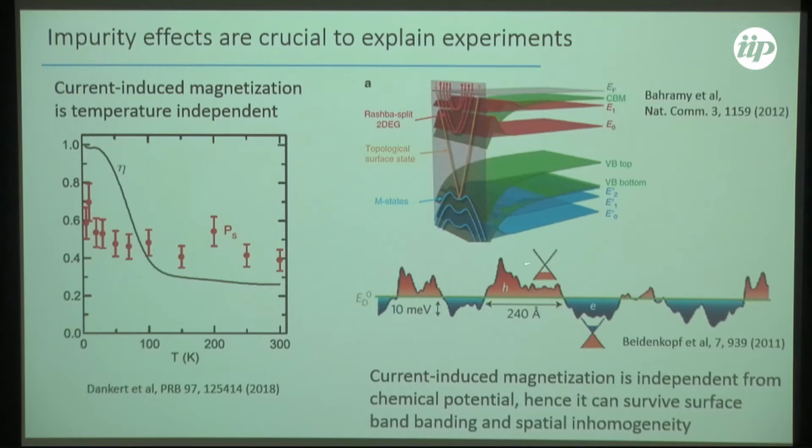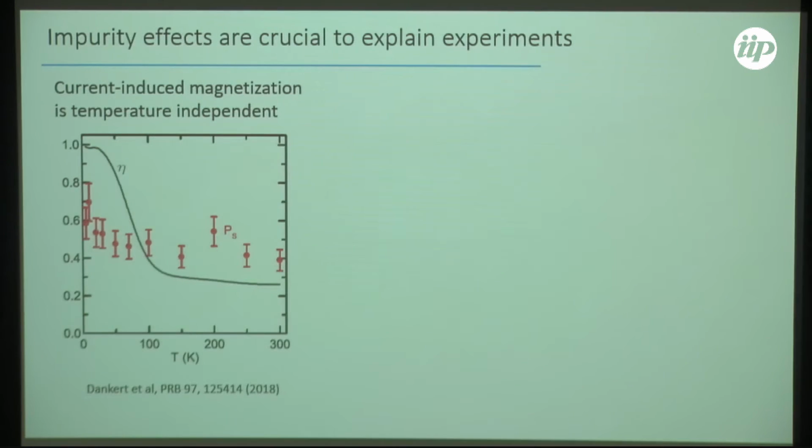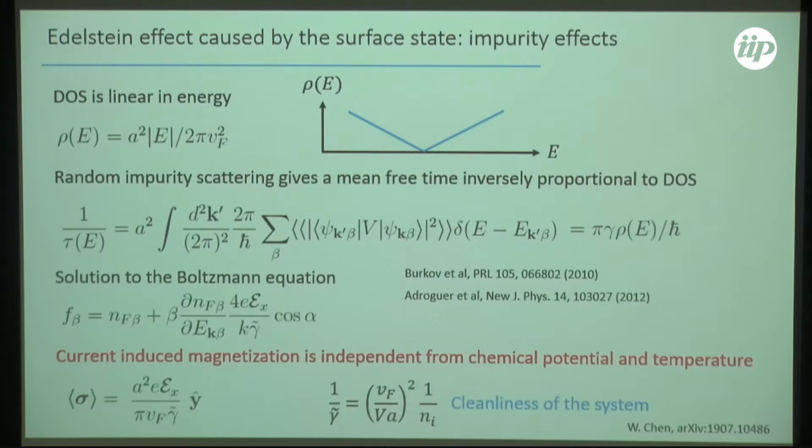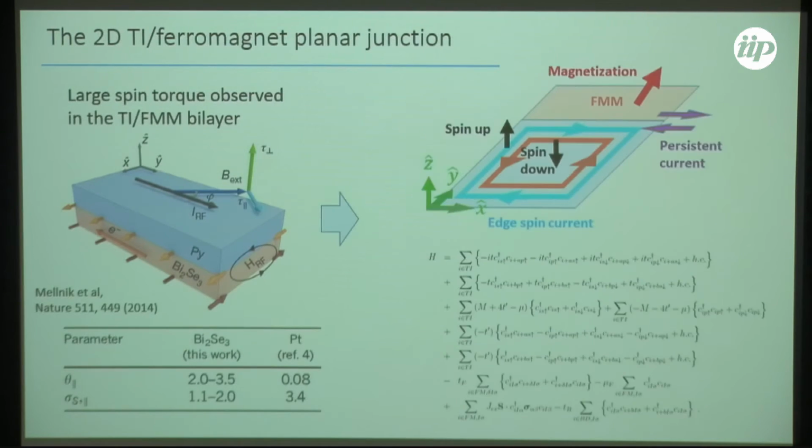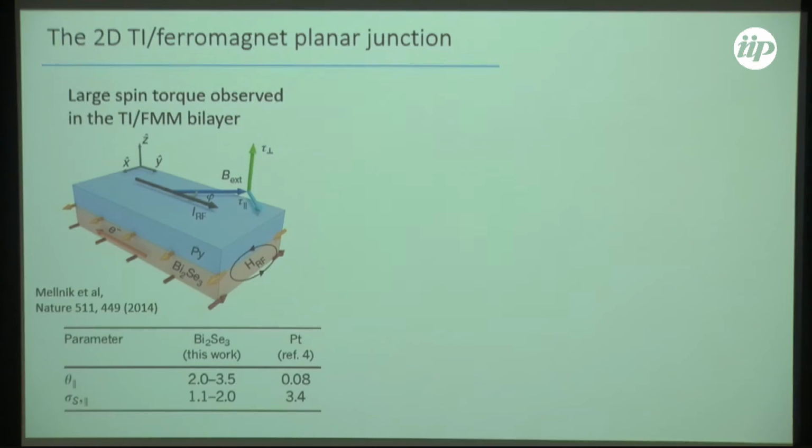So what I'm saying is, despite all these issues, the fact that you still observe field-induced spin accumulation seems to agree pretty well with this result that I'm showing you with a simple semi-classical calculation, namely because this mean free time is basically linear in energy.